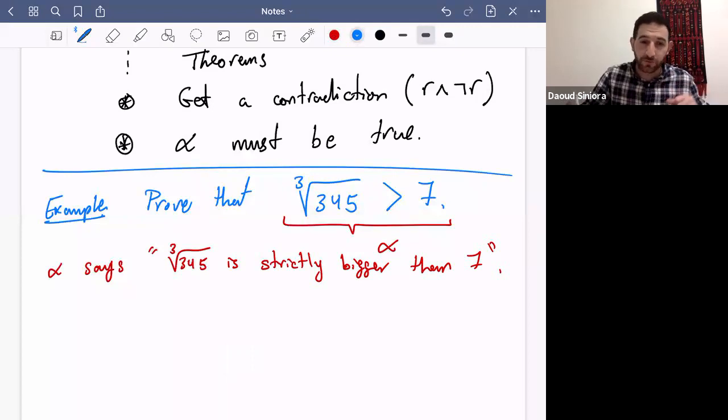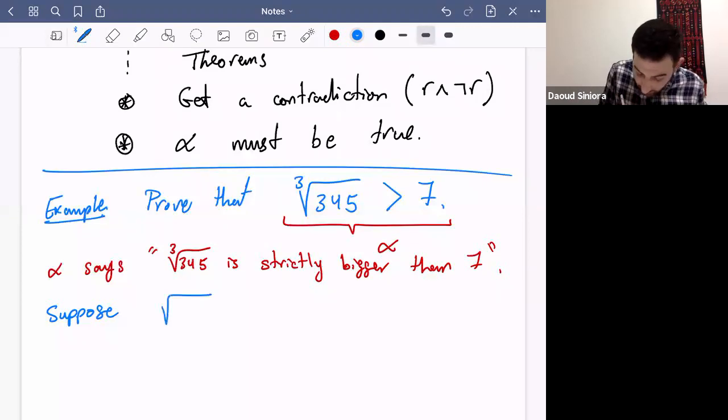So assume it is false. So suppose alpha is false, which means suppose that the cubic root of 345 is not strictly bigger than 7. This means that the cubic root of 345 is less than or equal to 7.